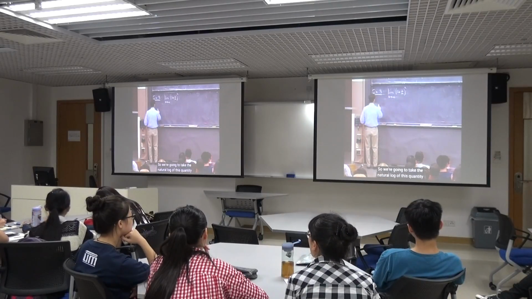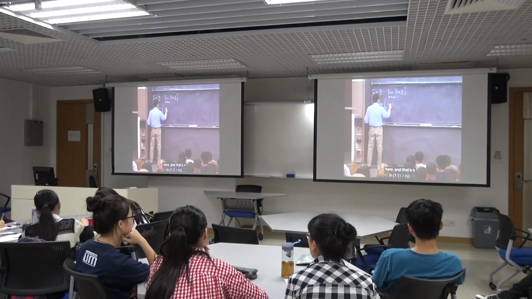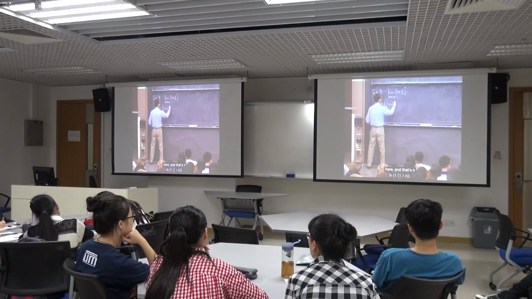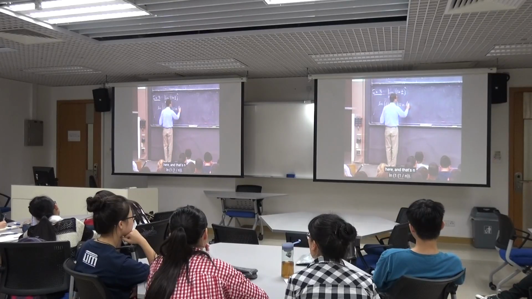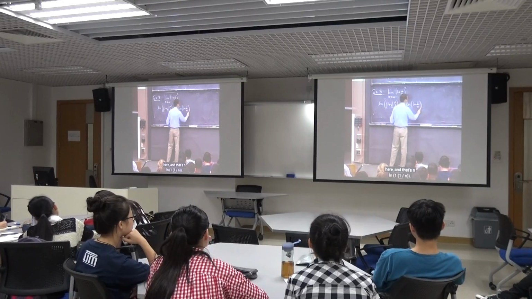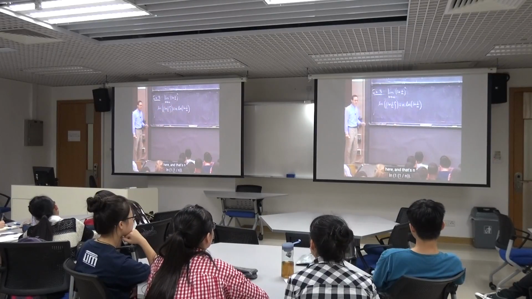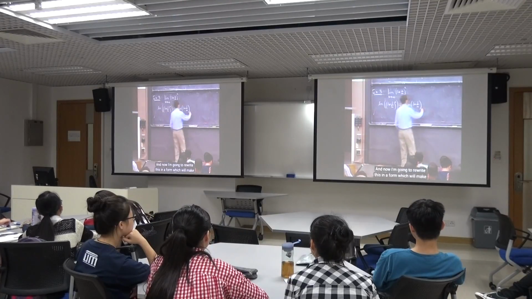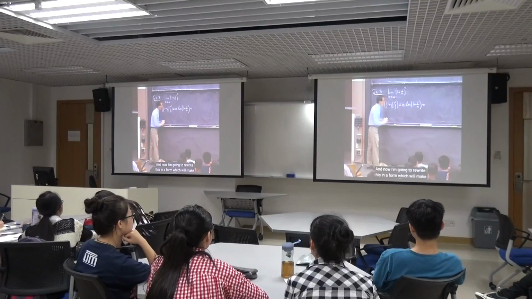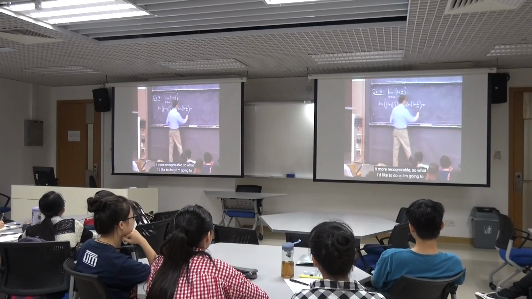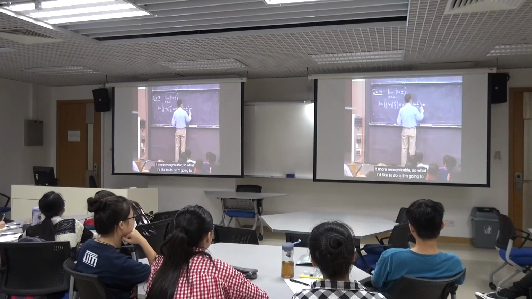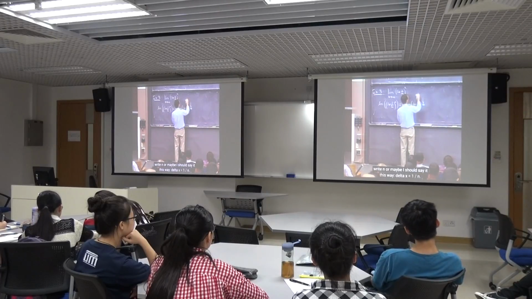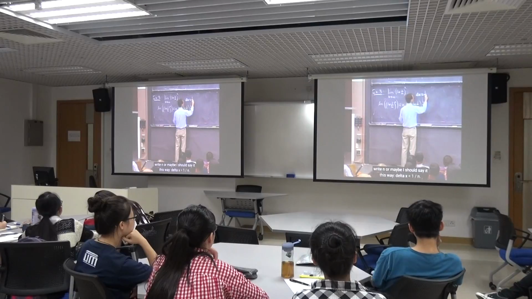So we're going to take the natural log of this quantity here, and that's n log(1 + 1/n). And now, I'm going to rewrite this in a form which will make it more recognizable. So let's say delta x is equal to 1 over n.